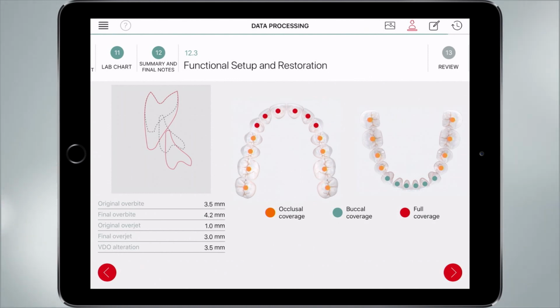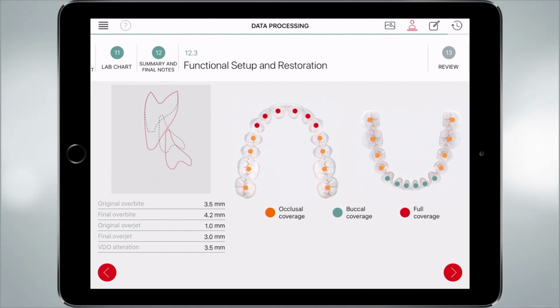Again, what you have done. You see the final outcome of the rendering, the step 9.1 on the left side, dotted line and continuous line in red of the final outcome.